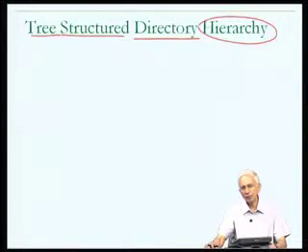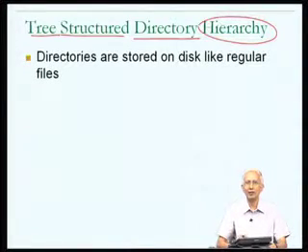Now the idea which will be used in the tree structured directory hierarchy is that the directories themselves may be stored on disk, similar to the way that regular files are stored on the disk. Remember that a directory has to contain information. What information? It contains information about the name to file descriptor mapping, which is a form of data.